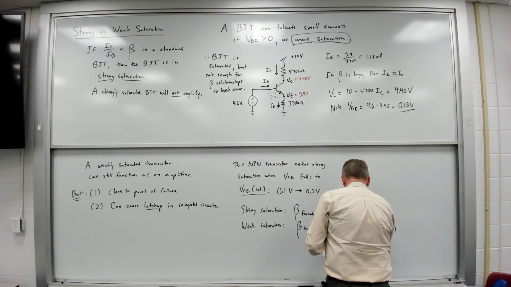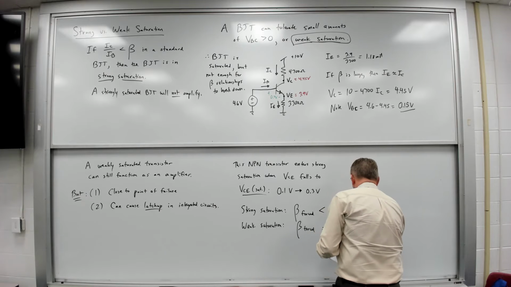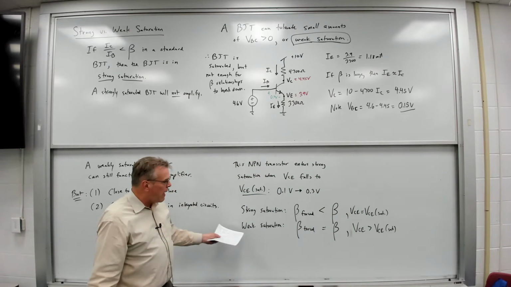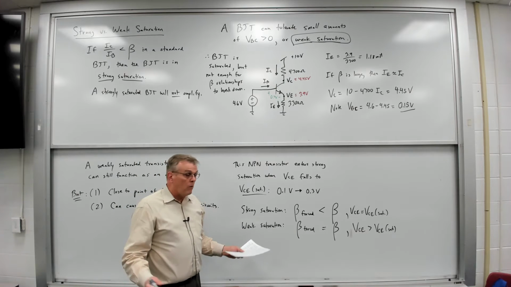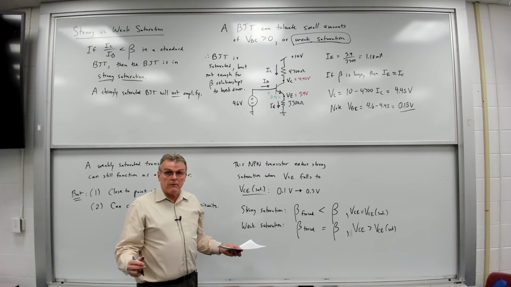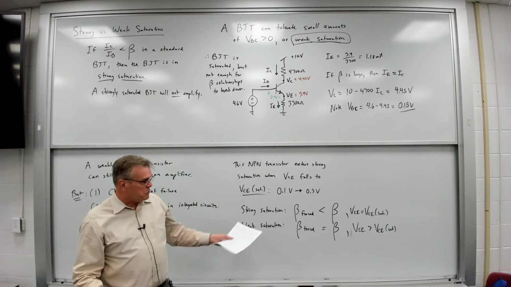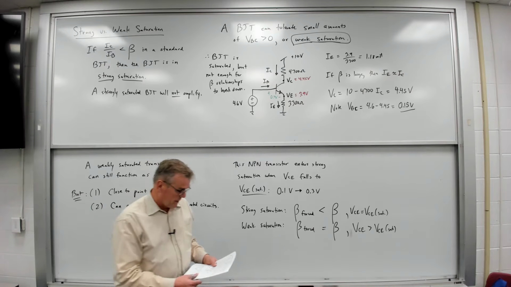And once again, as I mentioned before, your transistor is still functional. It still operates. The beta relationships still hold. You can still make it operate as an amplifier, but it is very, very close to failure if you design it to be biased in weak saturation.